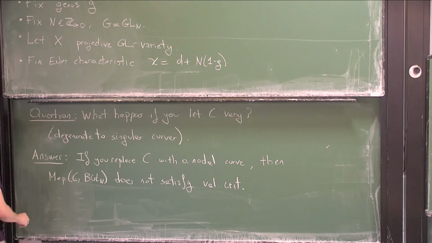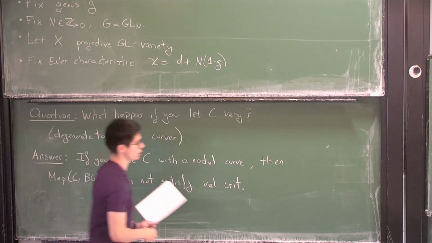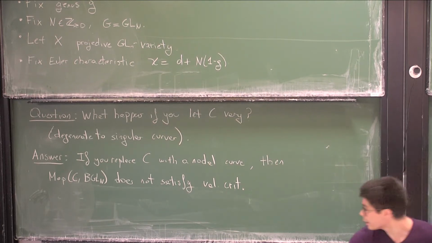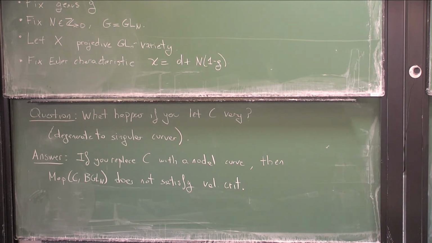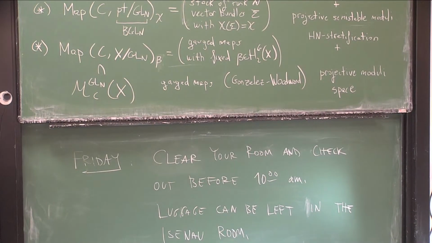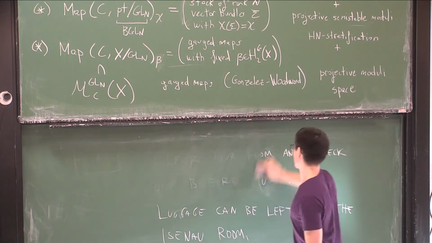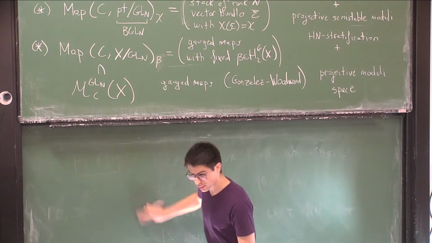So let me say what is going to be the goal today. The goal is going to be to enlarge both of these moduli problems in order to obtain a compact moduli space, plus some extra nice conditions that I'm going to tell you about later on.